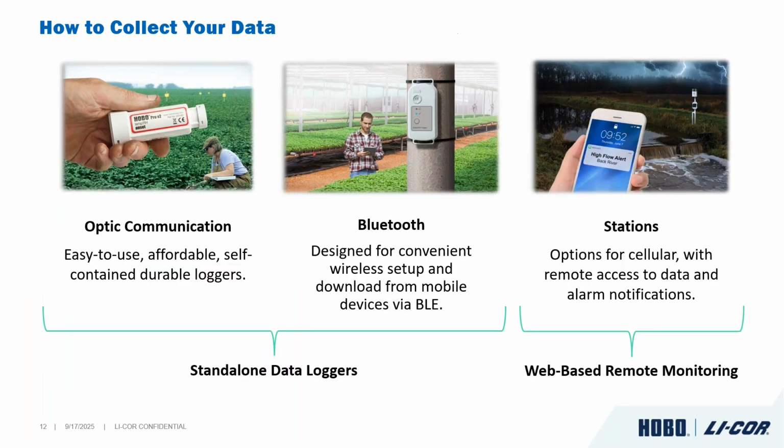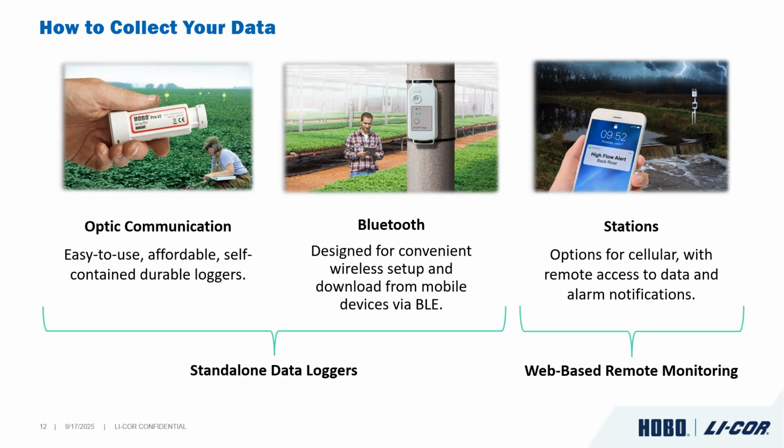How to collect your data. As I mentioned before, we have a few different ways that you can collect your data, and it's all based on your preferences, your needs, and things of that nature. So first, we have our optical communication. Those are going to be your USB data loggers. Maybe it uses a USB cable or an optical reader. Then you have the Bluetooth loggers, and these are simply standalone data loggers that use just Bluetooth communication.